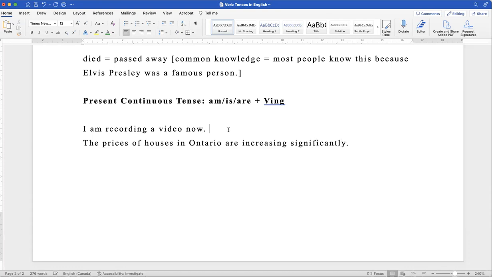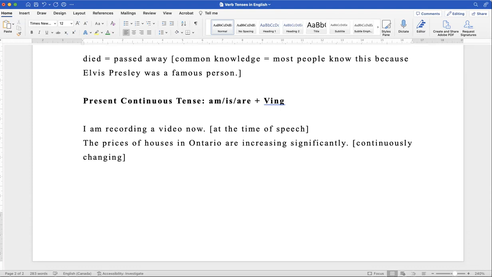In this case, this is something happening at the time of speech. This is something continuously changing. In these examples, we use present continuous tense in English.